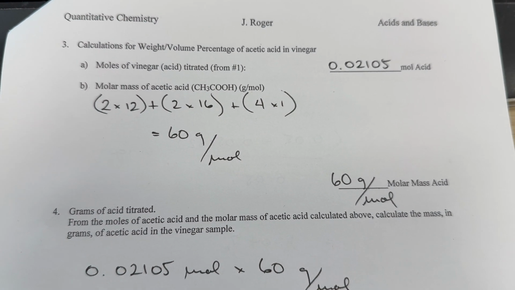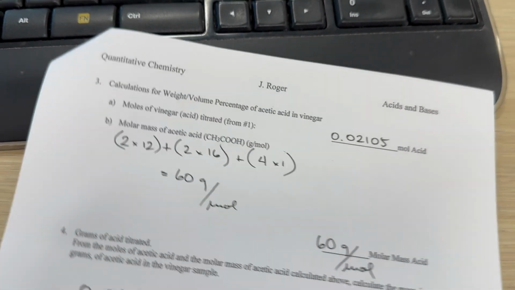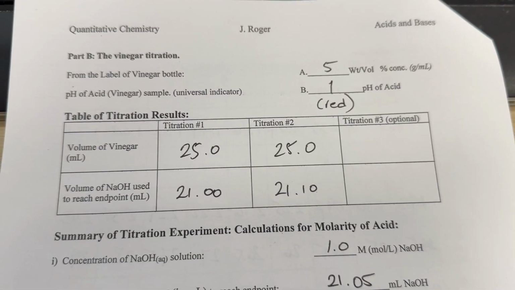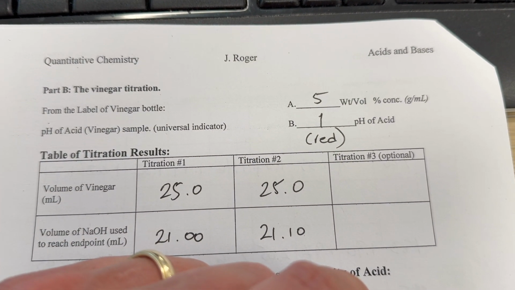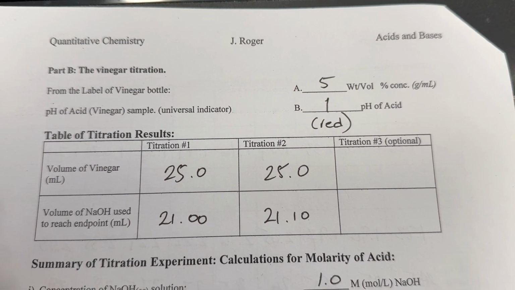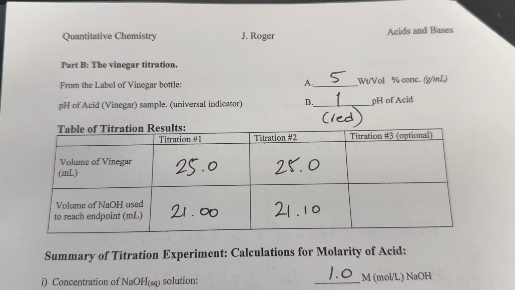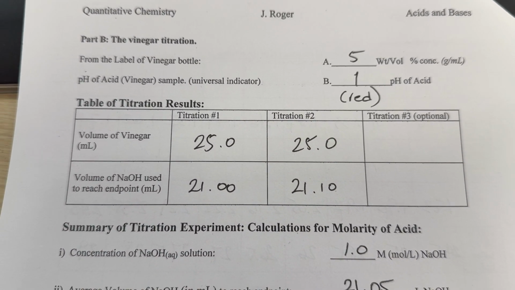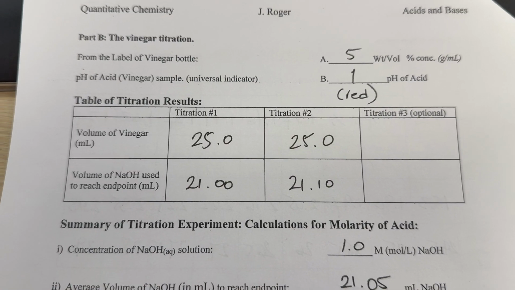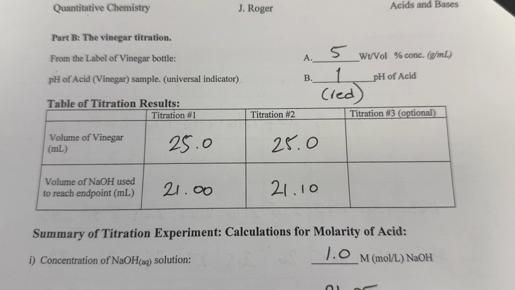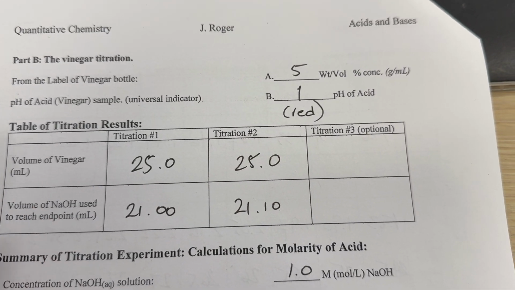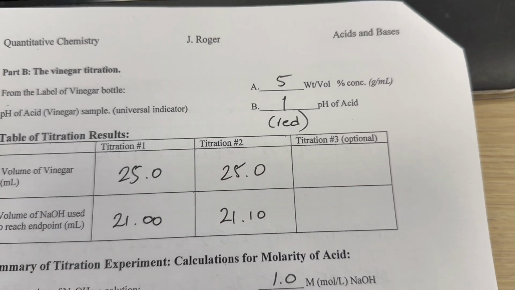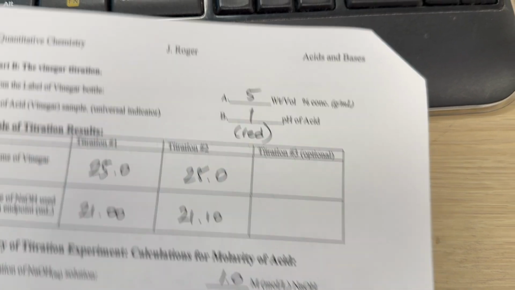If we want to compare to the manufacturer's numbers, the manufacturer is expressing the concentration in percentage, which is grams per milliliter. So they're indicating that the acidity of the vinegar is 5%, meaning that there are 5 grams of acid, acetic acid, in 100 milliliters.